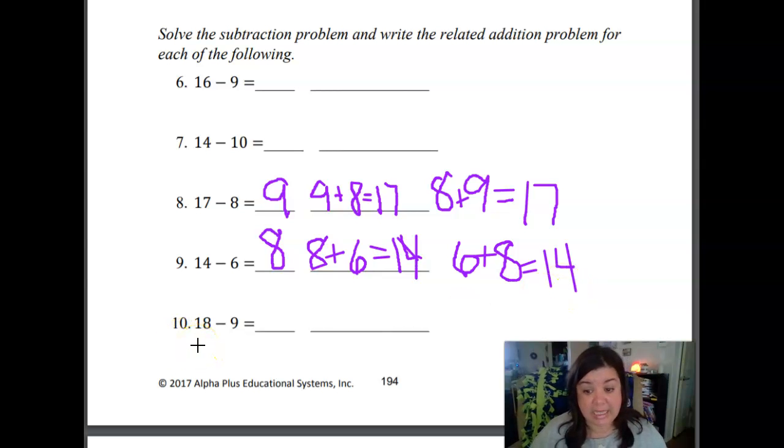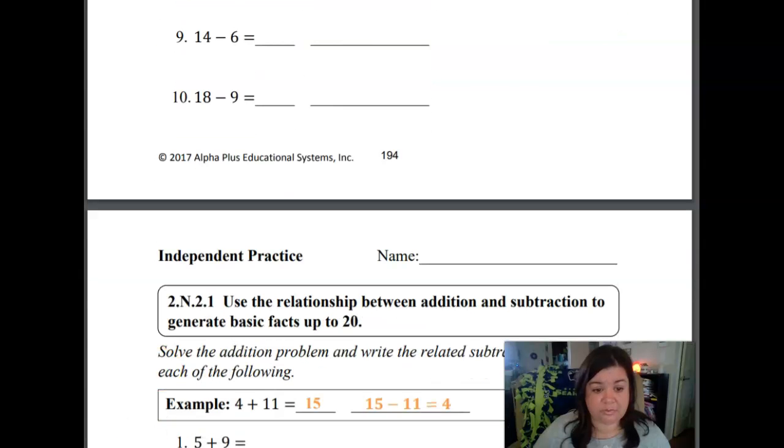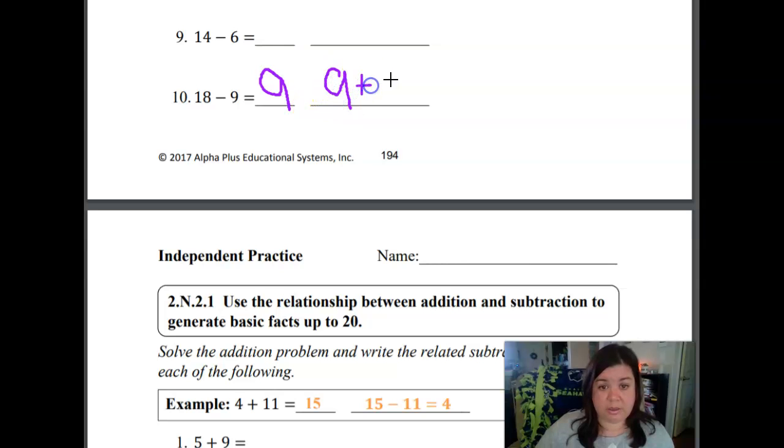Okay, what about the next one? What is 18 minus 9? And what are your two addition problems? Pause the video and figure this out. Okay, 18 minus 9 is 9. So we do 9 plus 9 equals 18.